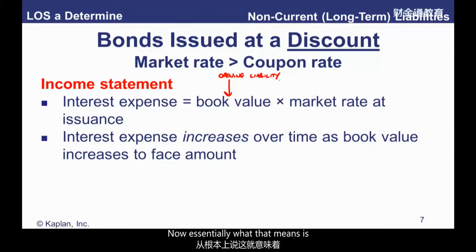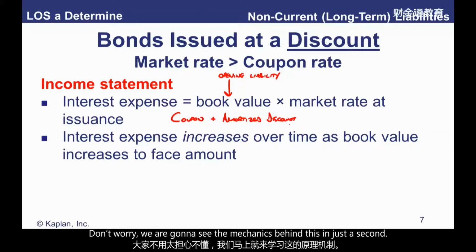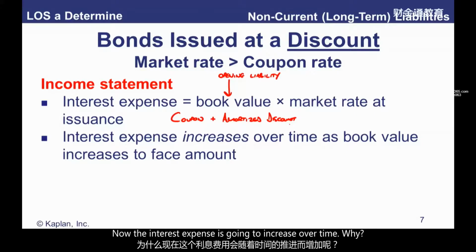Now, essentially what that means is our interest expense is going to be made up of two components. It's going to be made up of the coupon, the actual cash payment, but also the amortized discount. And don't worry, we're going to see the mechanics behind this in just a second. Now, the interest expense is going to increase over time.